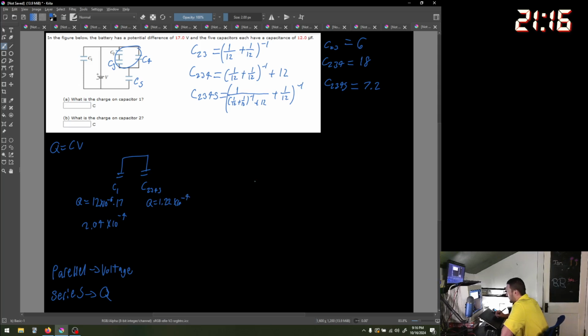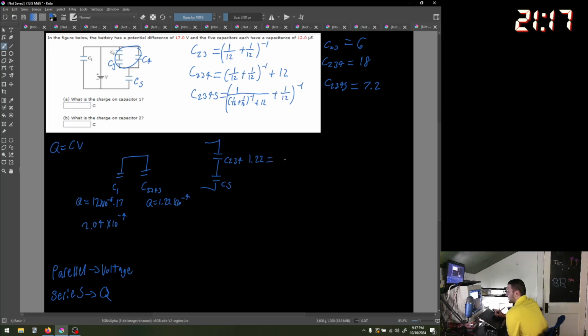And now we have C5, and then C2, 3, 4. And these are in series. And in series, the charge carries over. So the charge on both of these is 1.22.